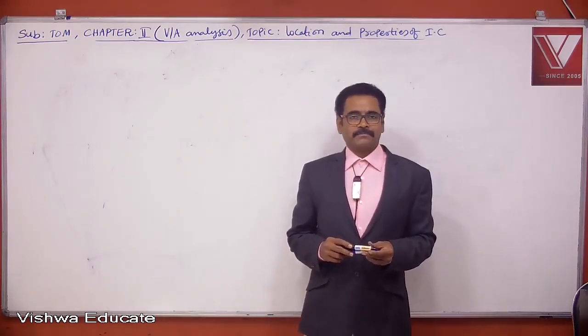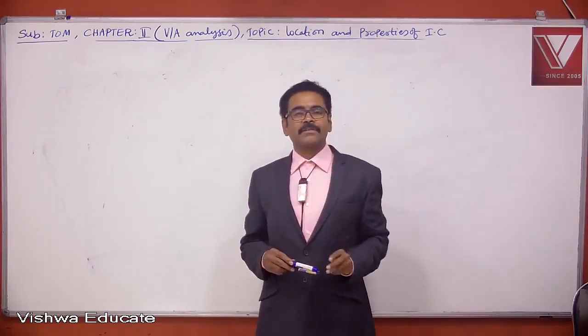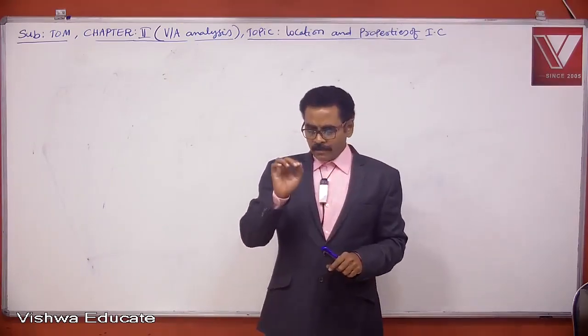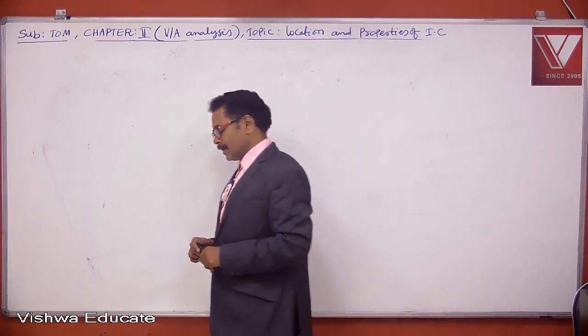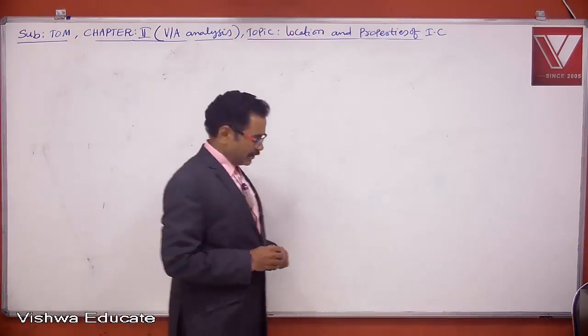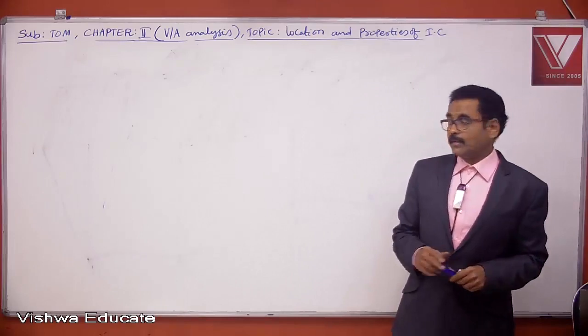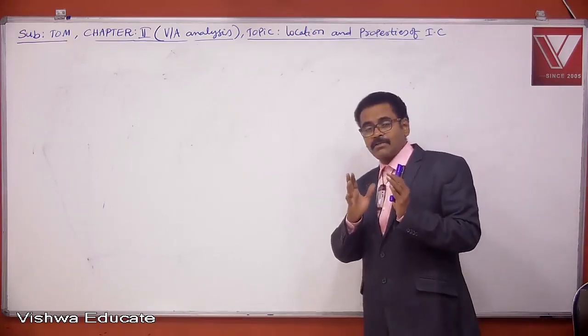Next property. This property is important. You may put 1 star rating for this property. Write down: for 3 kinematic links, there shall be 3 ICs. Just now we have seen, with 3 bodies, you can form 3 pairs.